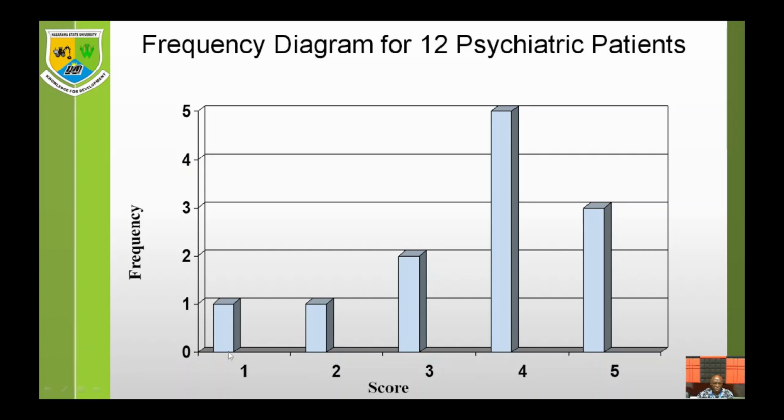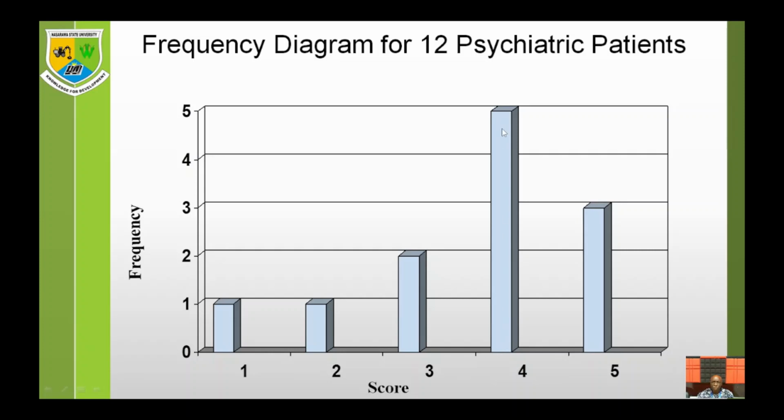Now scores 1 and 2 have a frequency of 1 as we showed in the table, and here they are plotted with vertical bars that stop at 1. Score number 3 was recorded at 2 different levels, and so you would see it is stopping at frequency number 2.